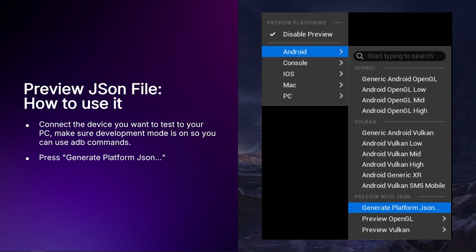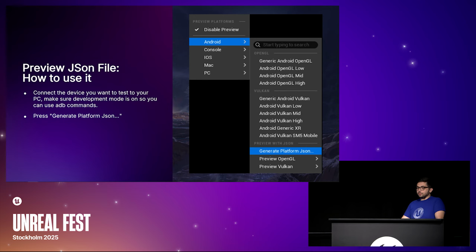Now we're going to go through how to use this feature. To generate the JSON file, you need to connect your device first. Let's say you have an S10, you connect it to your editor machine, and you go to the same preview platform submenu we went to before in the address section, and you select Generate Platform JSON.